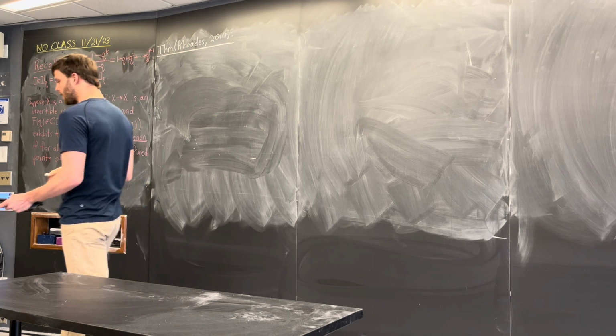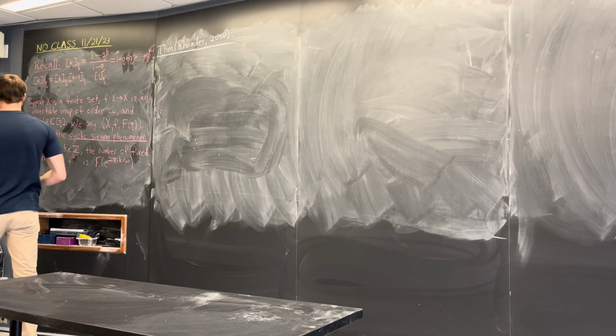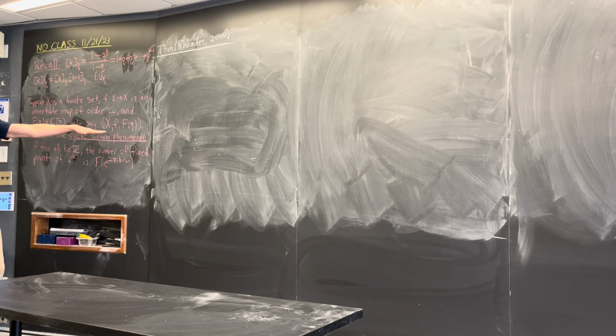Actually, before I state it, let me just point something out. If you have this cyclic sieving phenomenon, then notice that, what can I say about capital F of 1? Assuming that the cyclic sieving phenomenon holds here, what would be F of 1?